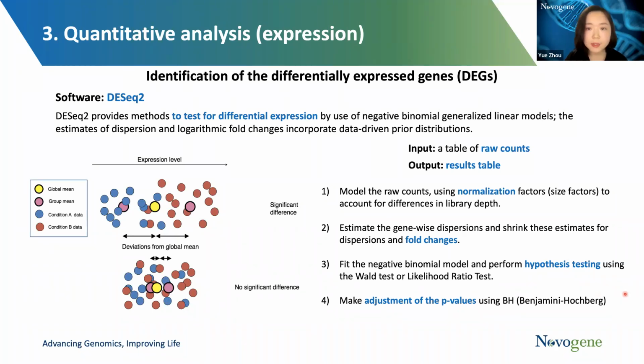DESeq2 first performs an internal normalization: the count for each gene in each sample is divided by the mean to correct for library size and RNA composition bias. Then it uses hypothesis testing for the significance testing, and finally makes the adjustment of the p-values.